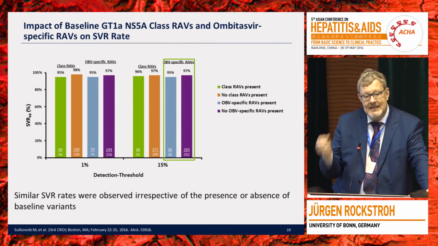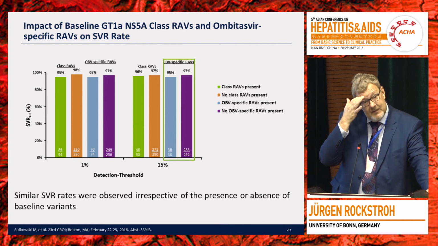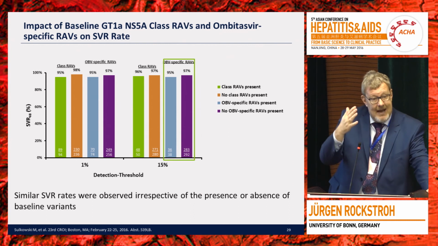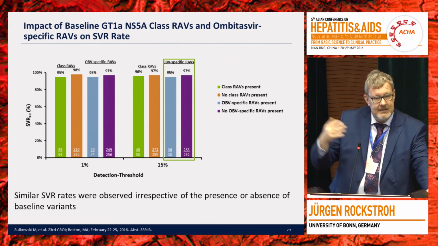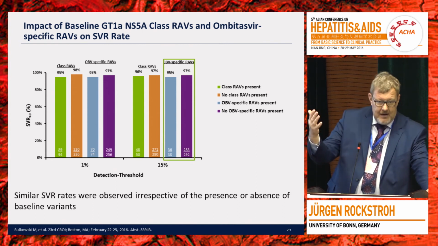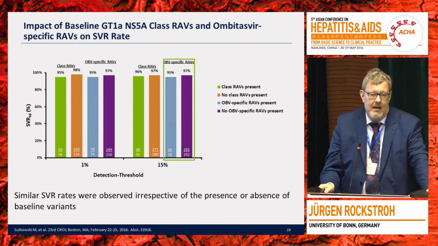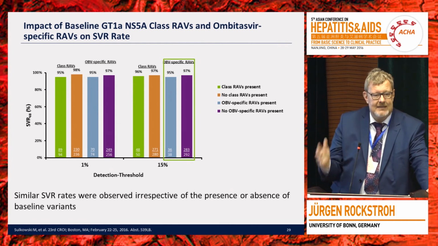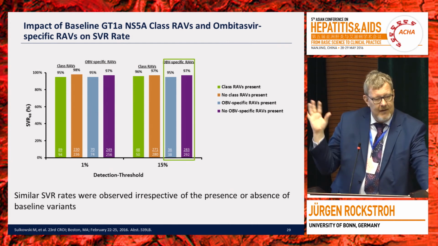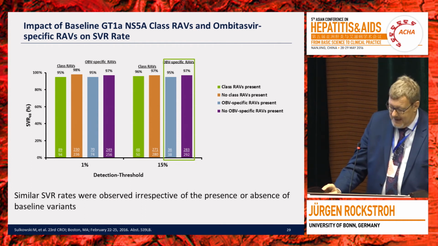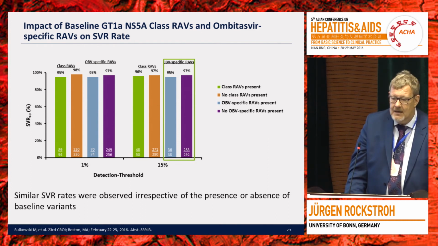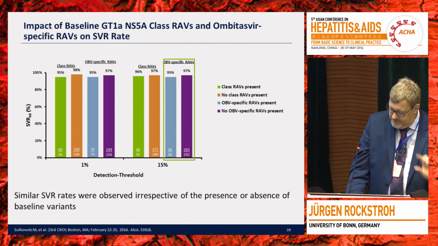And you have seen in the previous presentation, where our colleague mentioned that if you actually have these RAFs and you want to treat with grazoprevir elbasvir, by extending treatment duration to 16 weeks and by adding ribavirin, you overcome the corresponding impact on SVR rate. And that seems to be the way forward here, because resistance plays no role. So I think really the addition of ribavirin can be very important in that particular 1a risk patient.